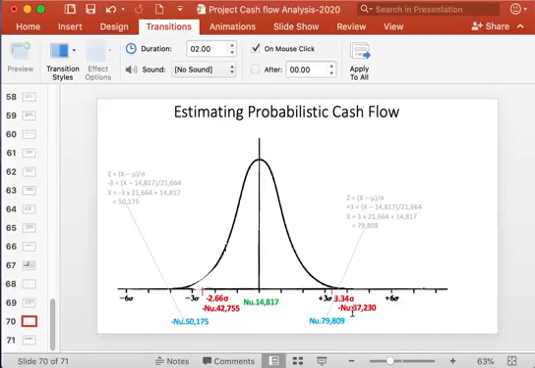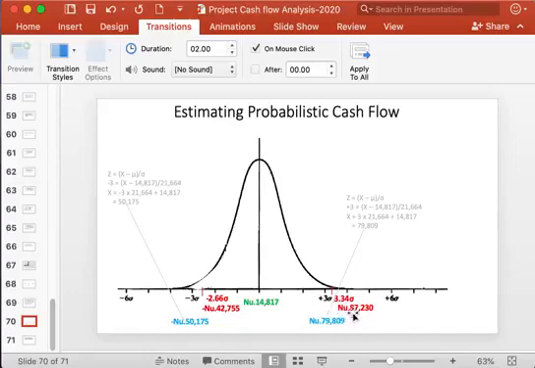And for the best case scenario, the net present worth of 87,230, in terms of the Z value, it is 3.34 sigma, which is beyond plus 3 sigma.